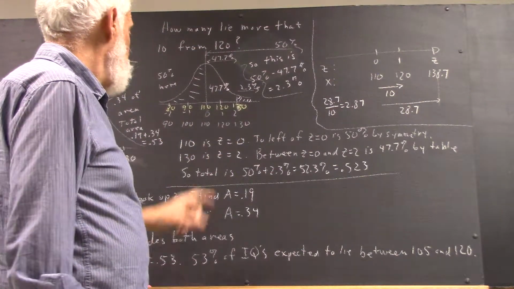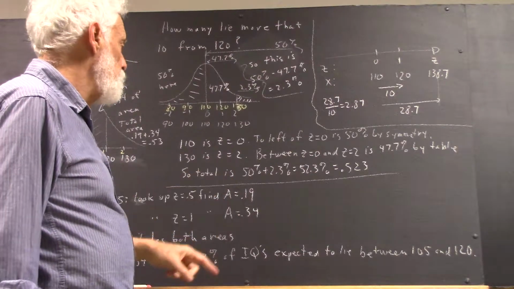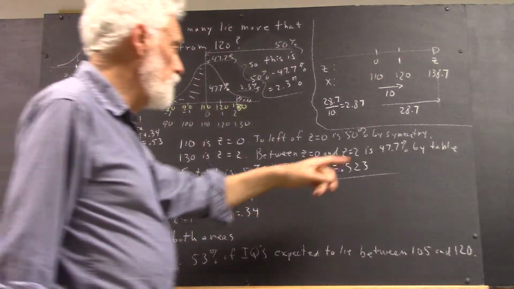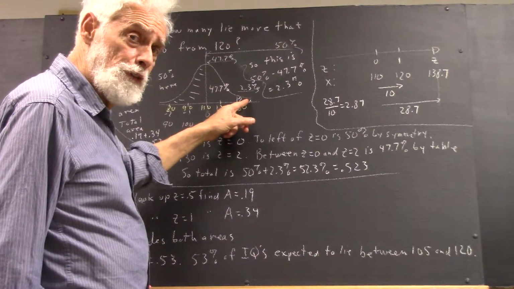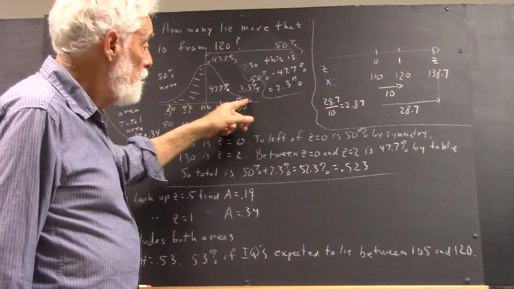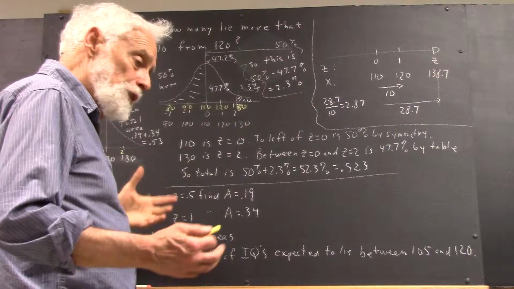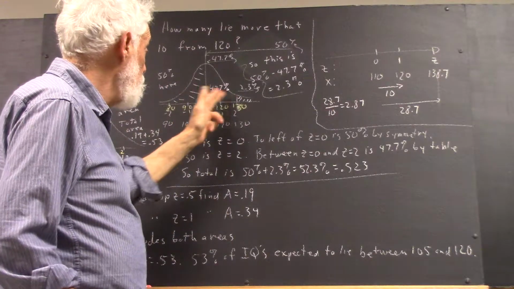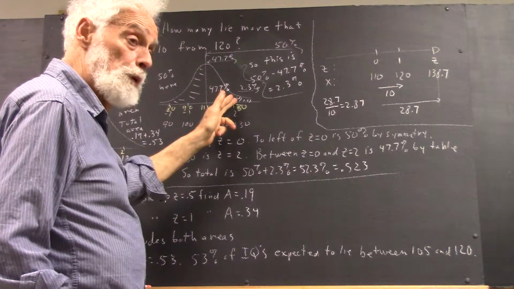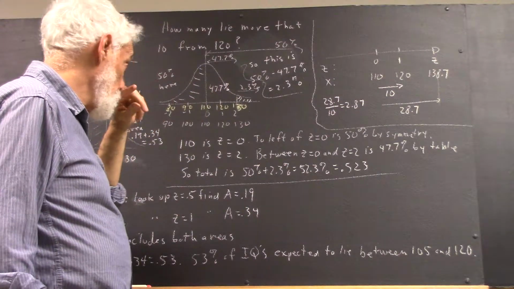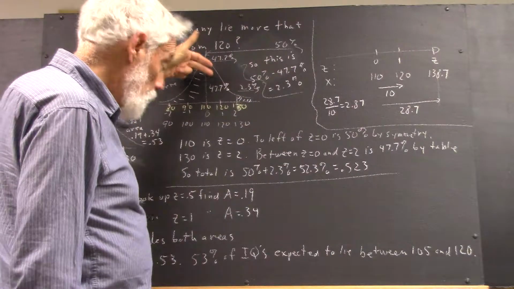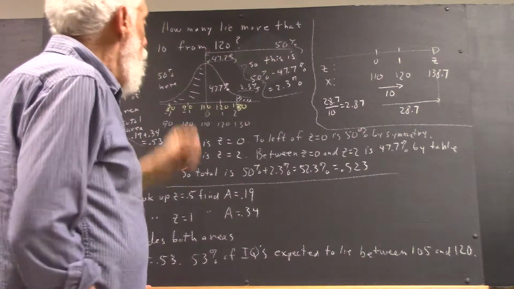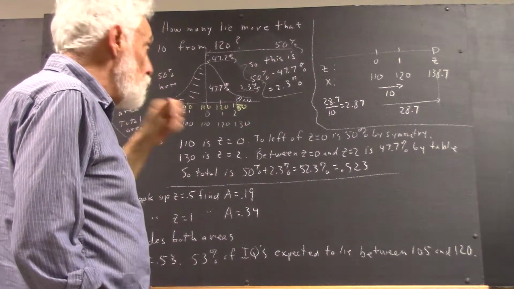Of course, z equals 2 gives us 0.477, 47.7%. Well, this clearly isn't 47.7%, but if you remember what the table tells you, it's this area here, from the middle out to this point, that's 47.7%, which means that this is 50% minus 47.7%, or 2.3%.